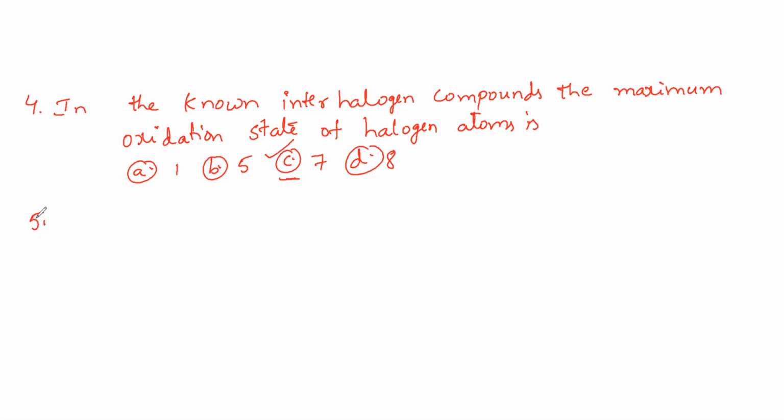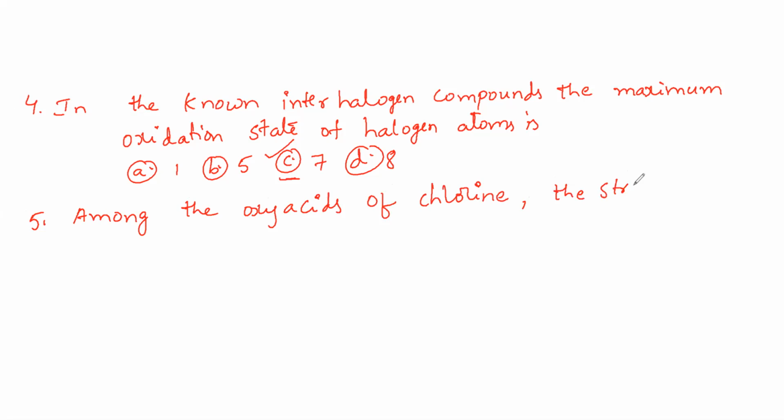Next, question number 5. At least interhalogen compounds and oxyacids we have to discuss. Among the oxyacids of chlorine, the strongest oxidizing agent is, very, very important, the one containing more acidic character.